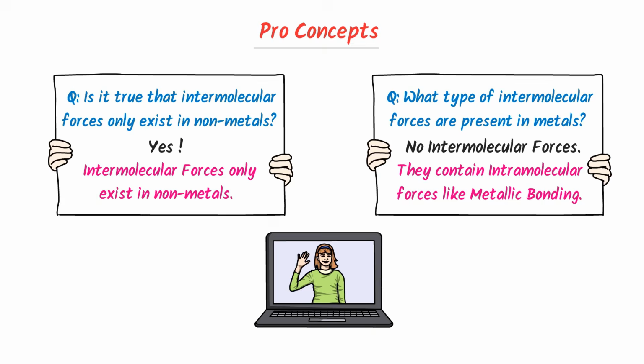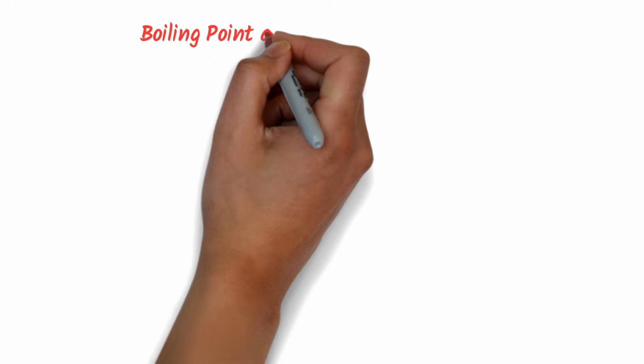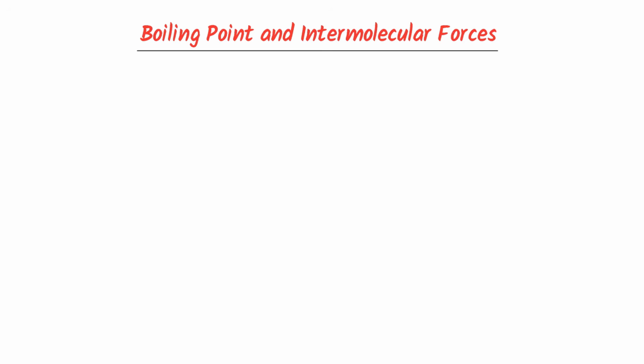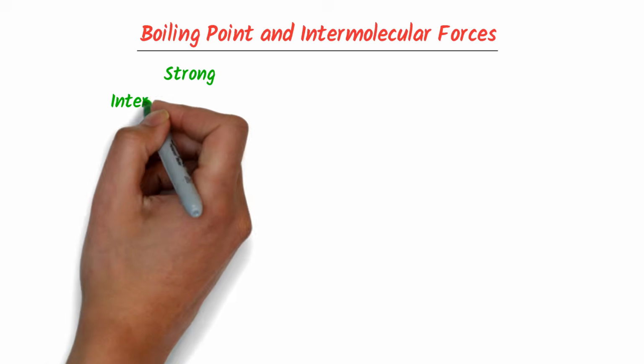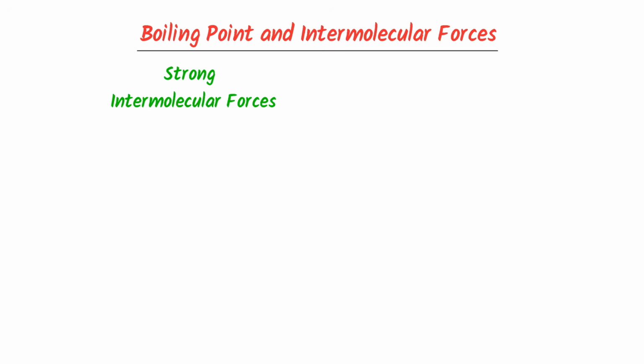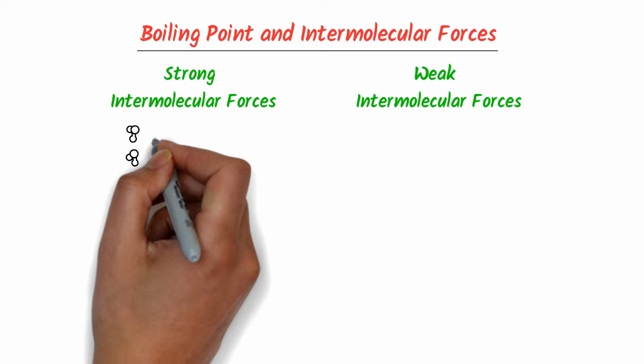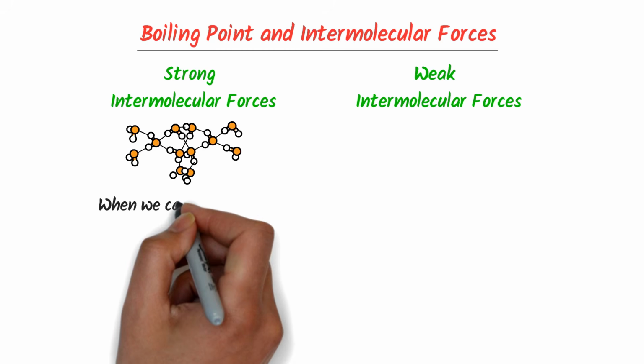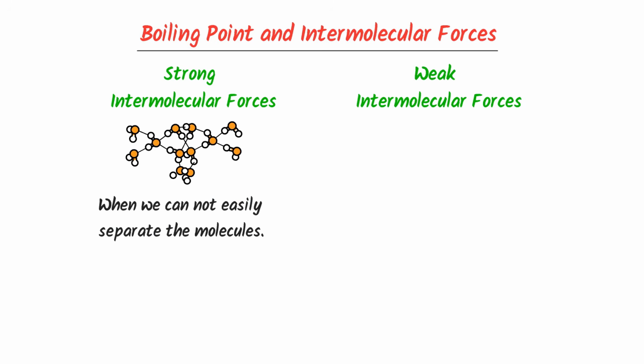Also, you should learn the relationship between boiling points and intermolecular forces. Well, to learn this concept, you must learn the concept of strong intermolecular forces and weak intermolecular forces. When we cannot easily separate the molecules of a compound, we say that it has a strong intermolecular force.